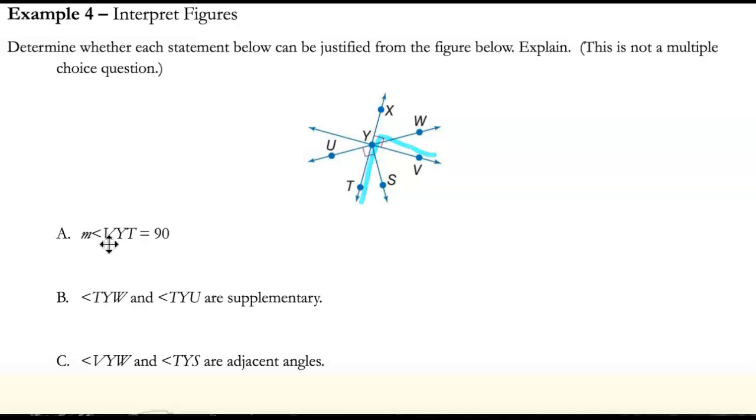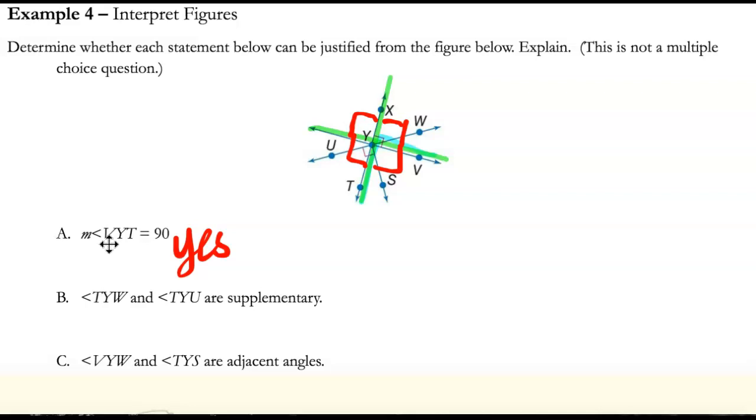What I notice is VYT is also being formed by these two intersecting lines, and I do have this information right here that that's a right angle. If that's a right angle, then all of these also are right angles. That was the definition of the previous page. So can we truly prove that VYT is 90 degrees? The answer would be yes.